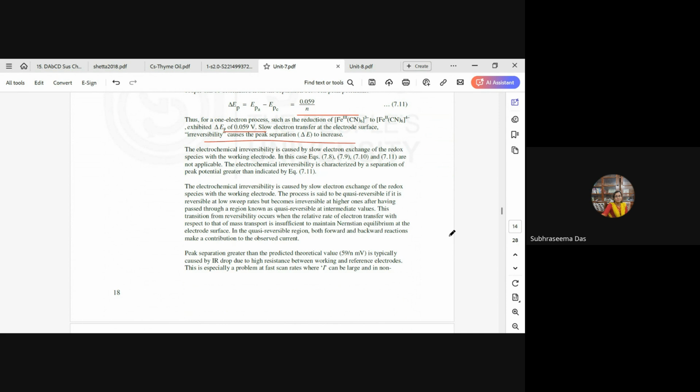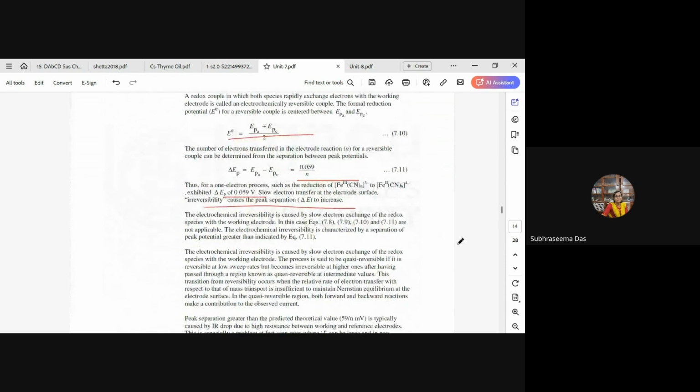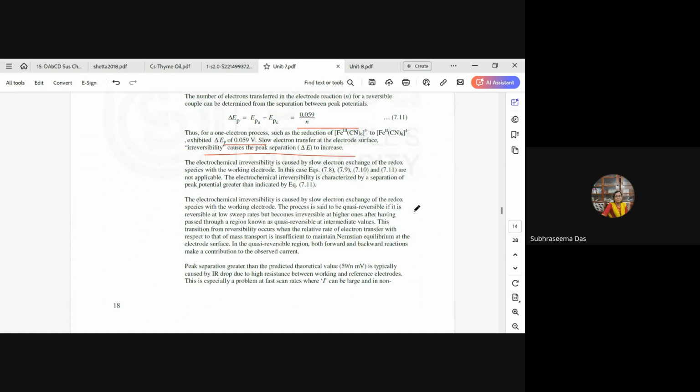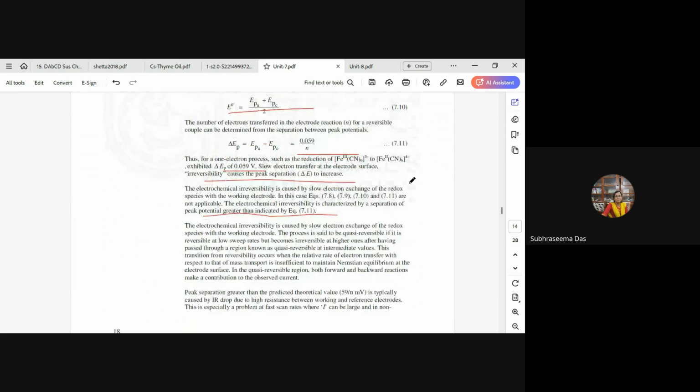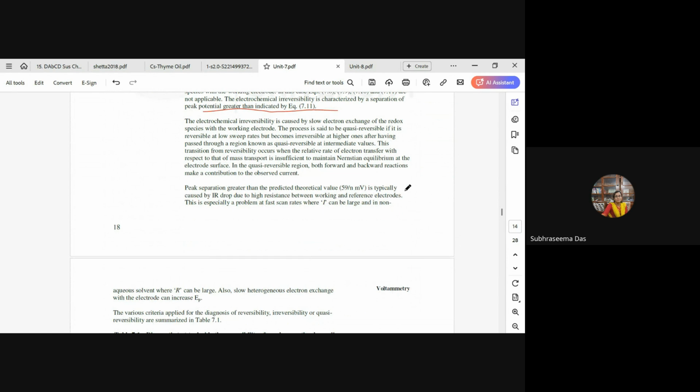In this case, equations 7.8, 7.10 and 7.11 are not applicable. The electrochemical irreversibility is mostly characterized by a separation of peak potential that is indicated by this equation.